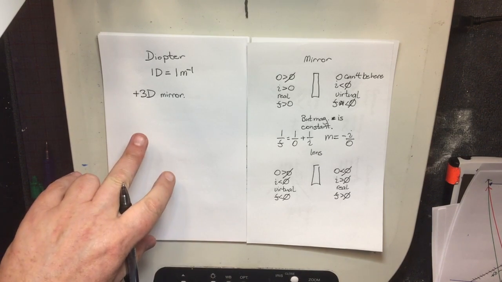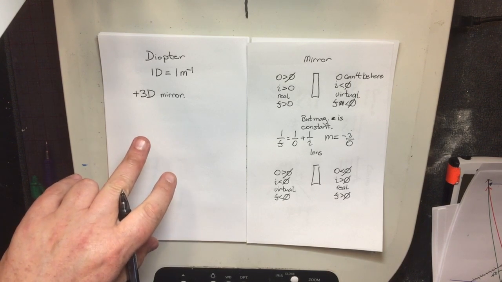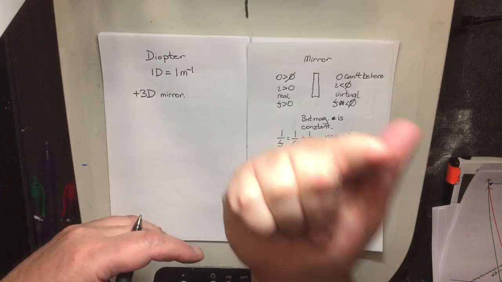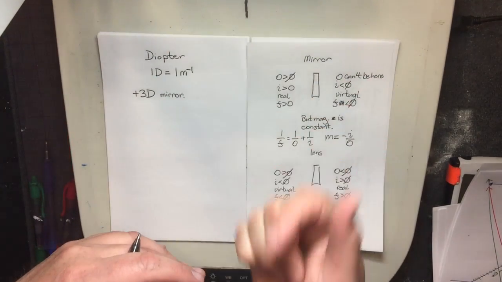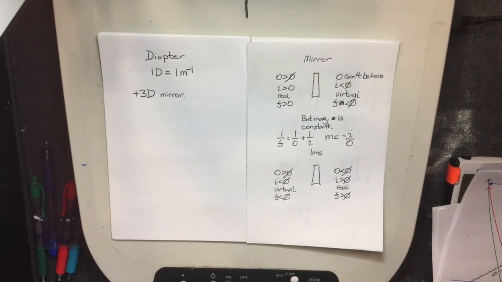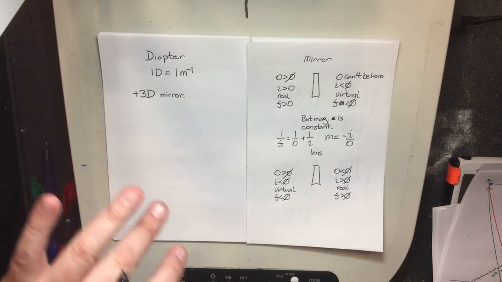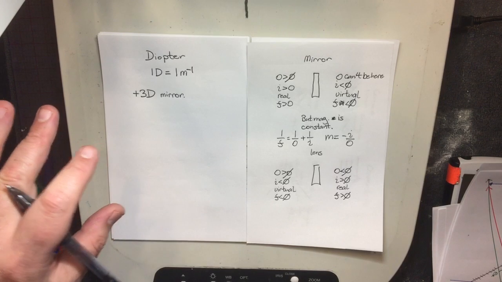With something like this, I'm going to get a lot of questions about what is a diopter. And if you ask me what is a diopter, I know you have not been to this class, and I know you have not been watching this video.